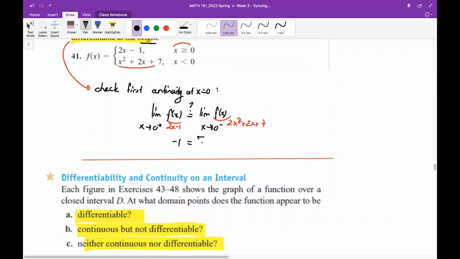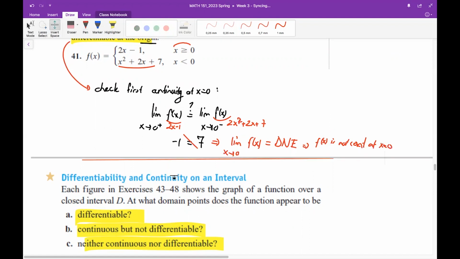It is 7. And as you can see, they are different. Since the one-sided limits are not the same, we conclude that the limit of this function at the origin does not exist. If there is no limit, your function is not continuous. F of x is not continuous at x equals 0.